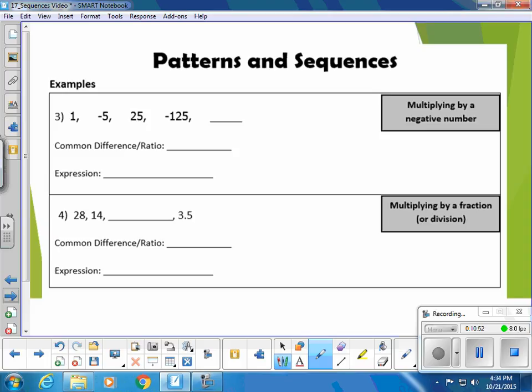The next part is looking at the geometric sequences. The other ones are arithmetic. These are geometric, which means I'm multiplying or dividing. This one I'm multiplying by a negative number. So let's look. If I start at 1, I'm multiplying by a negative something, and I get negative 5.